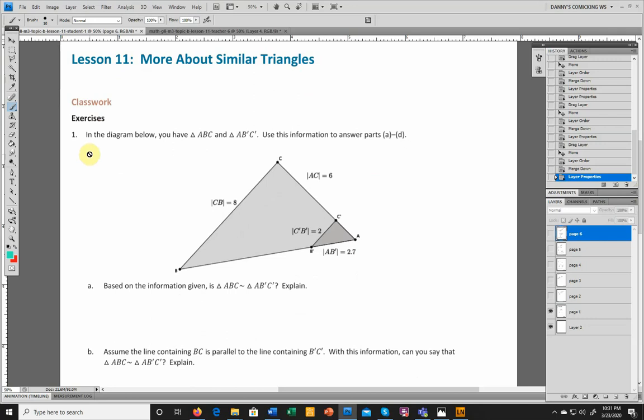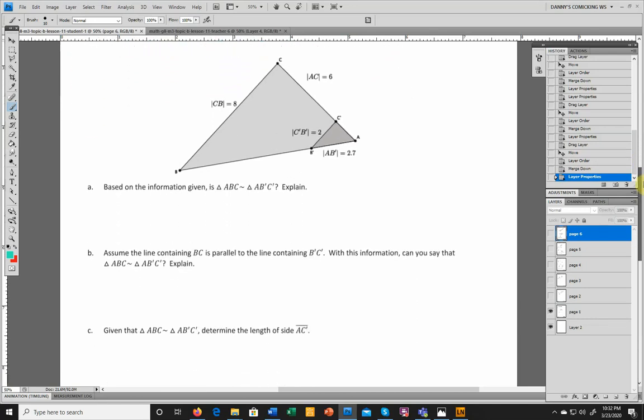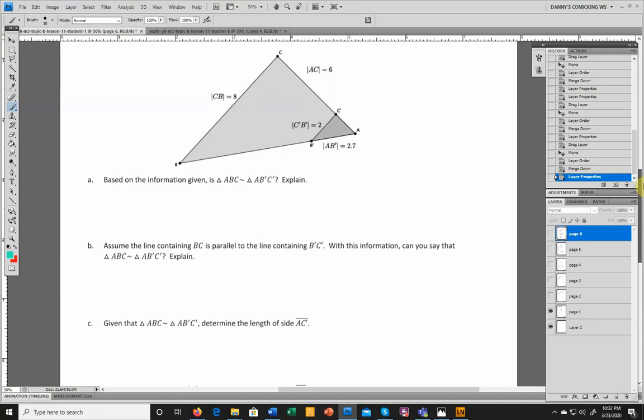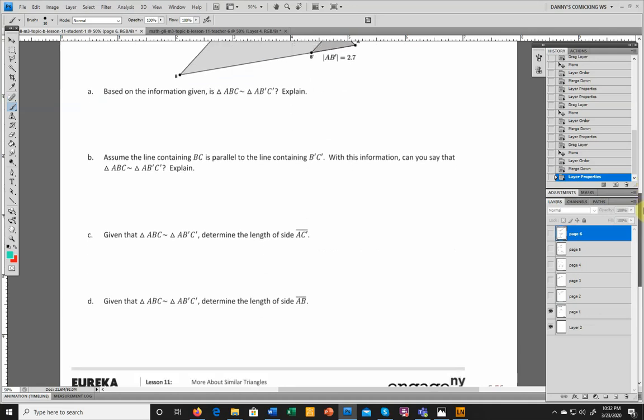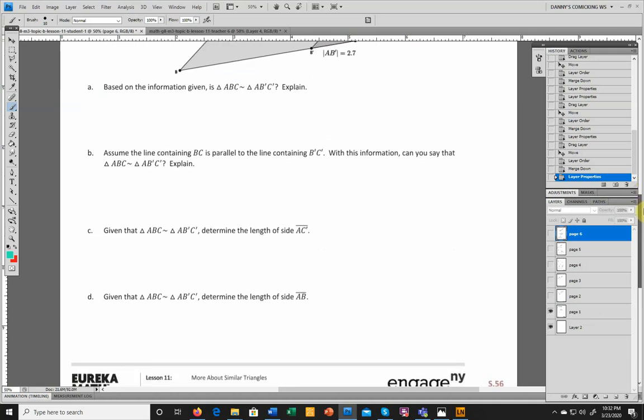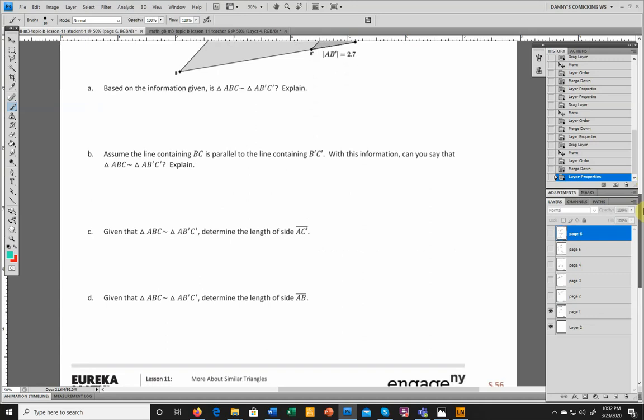So number 1 says, in the diagram below, you have ABC and AB prime C prime. Use the information to answer parts A through D. A says, based on the information given, is ABC similar to AB prime C prime? Explain. B says, assume the line containing BC is parallel to the line containing B prime C prime.